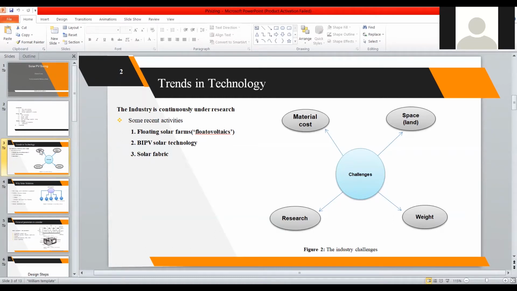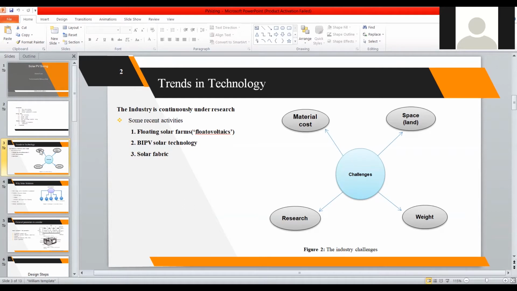This has really come in handy for the industry. Then we also see the BIPV, in short, building integrated photovoltaic systems, which are also coming into the technology. Things like the solar roofs that we've seen. These are some of the things happening in the industry, and of course, there's solar fabric going on.